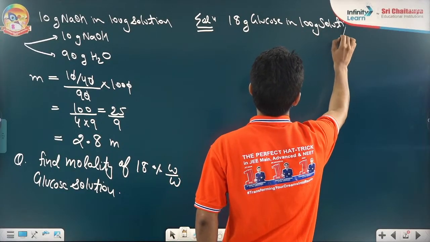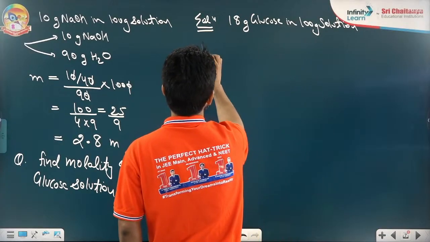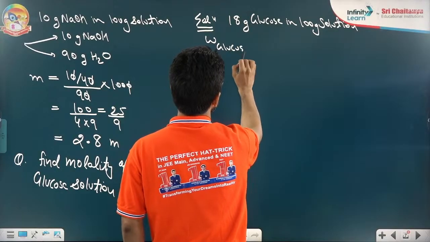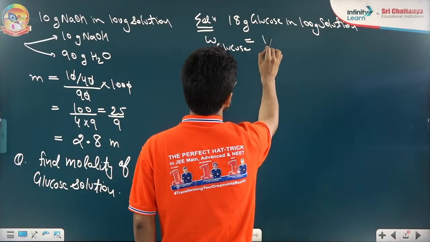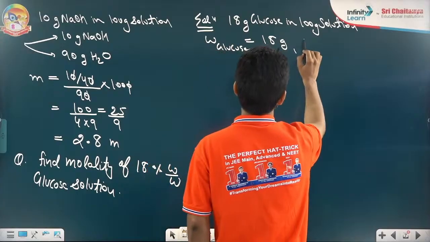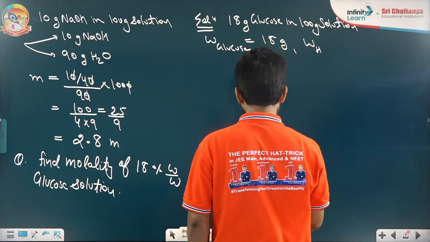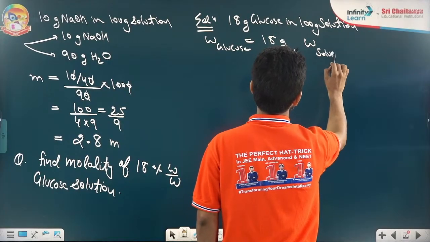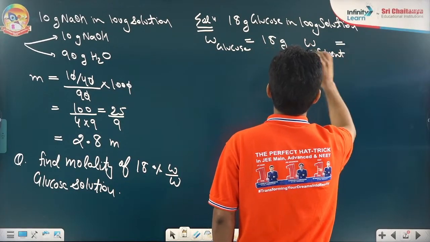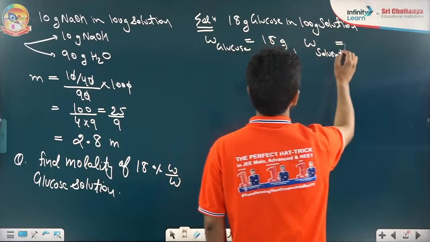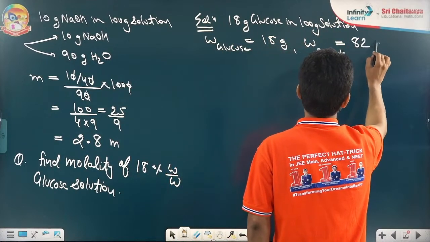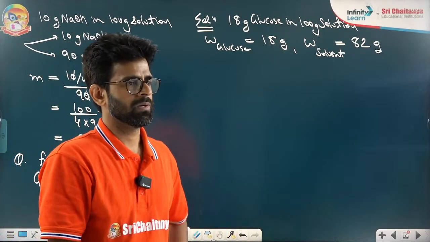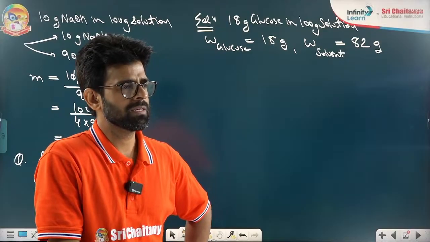So from this we are very clear that the weight of glucose in solution is 18 gram, and the weight of water, or weight of solvent, I will say, if they don't give the solvent then it is water only. So how much out of 100? This much, what remaining? 82 gram. Okay, 1.21, fine.